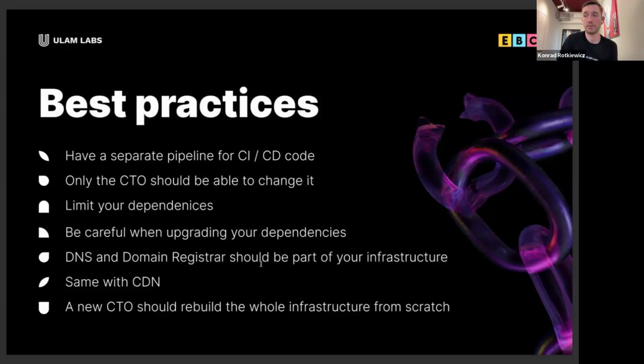Then you change your CTO, 12 months pass, and a hack happens, and then who did that? Probably someone from inside the team. You check your own team, nobody is to blame, and you don't even think that it was an employee or the CTO from a year ago.